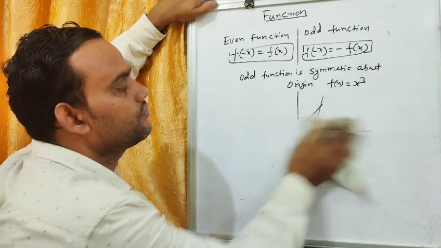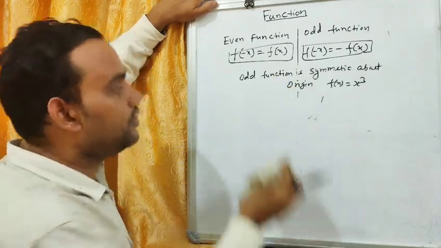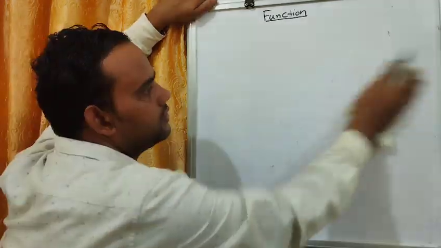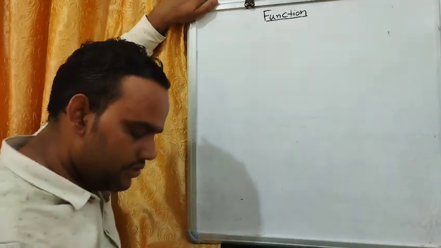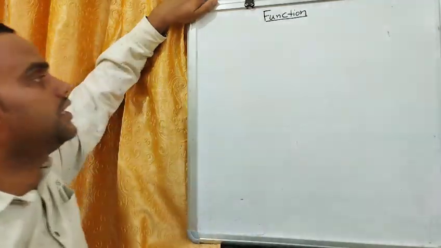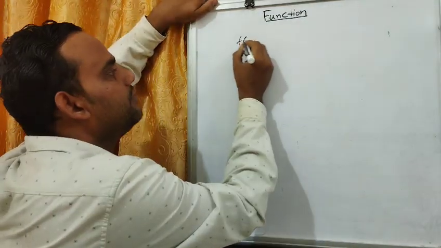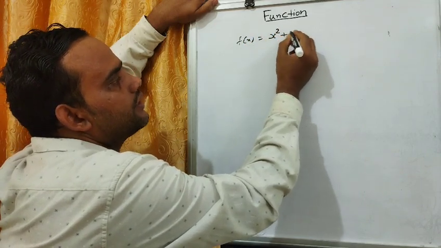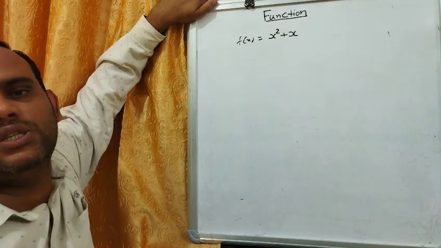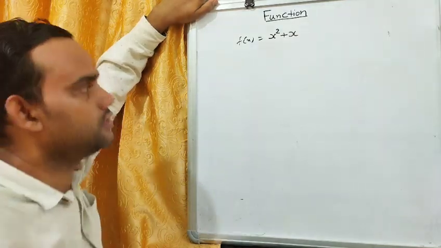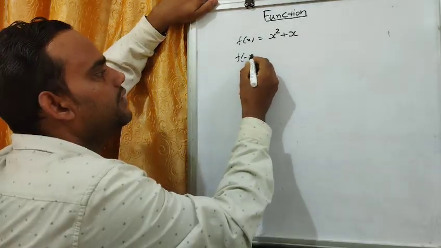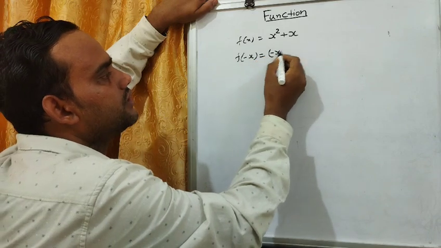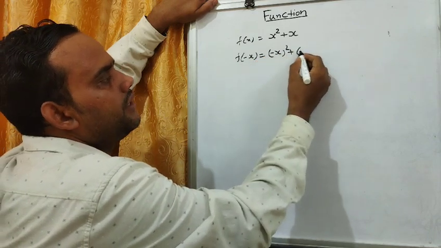These are the properties. Now we go to two functions. We make one table. This is very important to remember for two functions. For example, I consider f of x equals x square plus x. Now check whether this is an even function or an odd function. We consider f of minus x: we put minus x, so minus x square plus minus x.